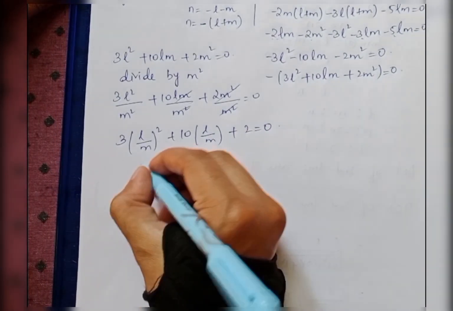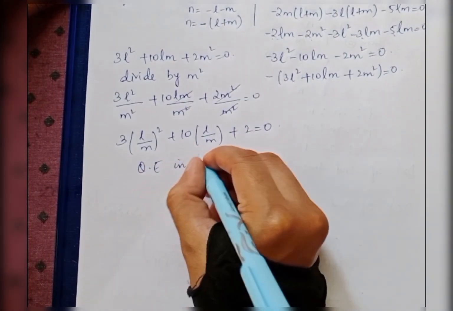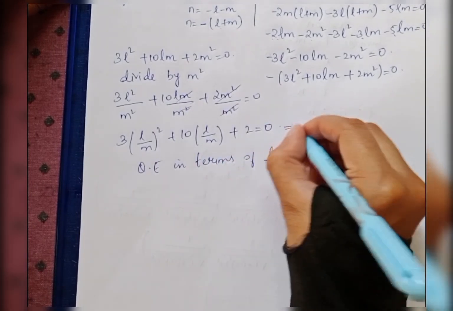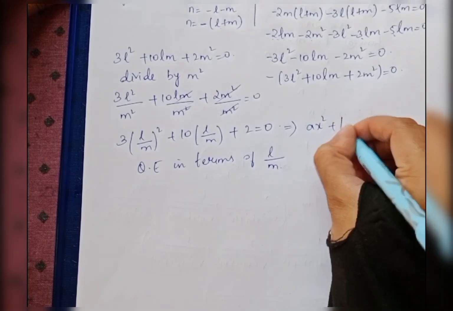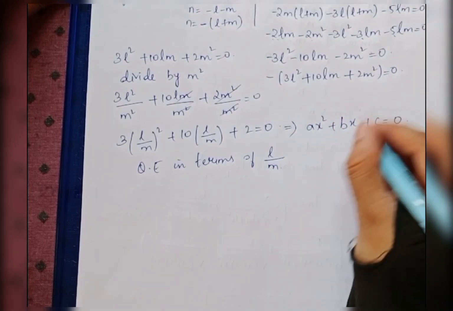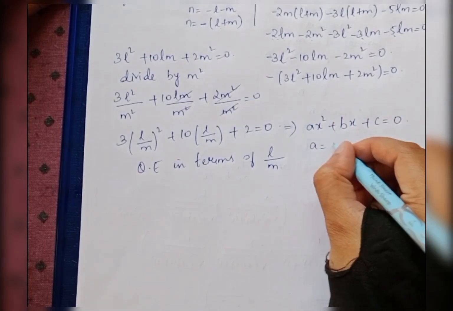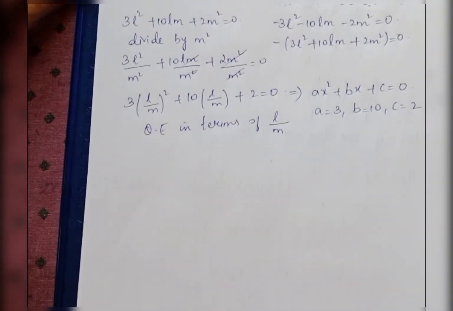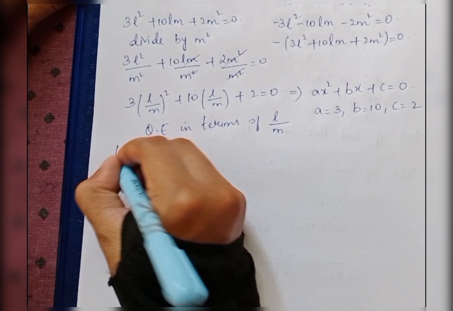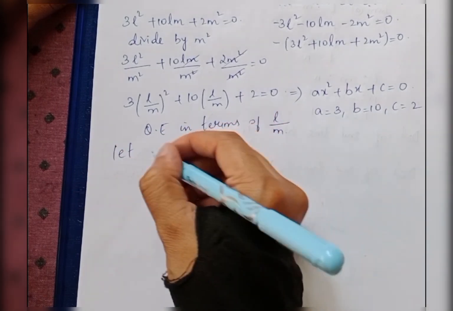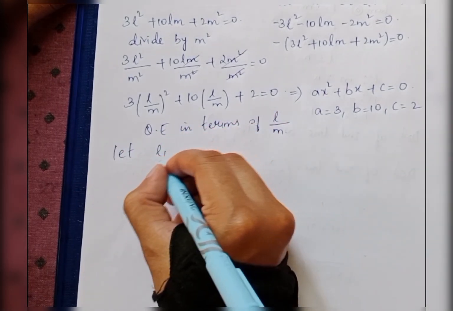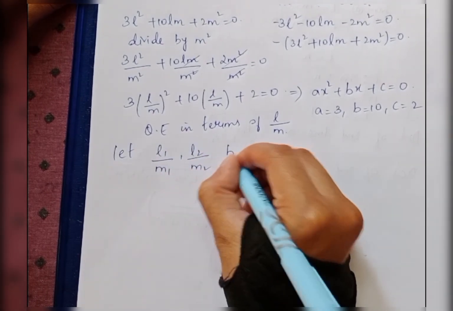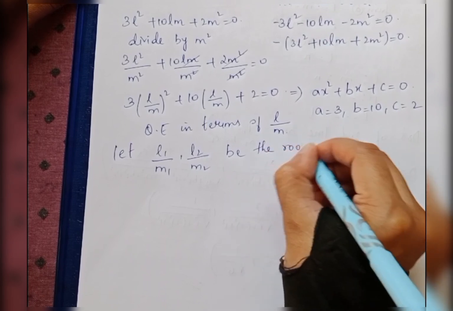So this is also a quadratic equation in terms of l by m, right? This is in the form of ax square plus bx plus c equals 0. From here a value will be 3, b will be 10, c will be 2. Now the product of roots, right? Let l1 by m1 and l2 by m2 be the roots.